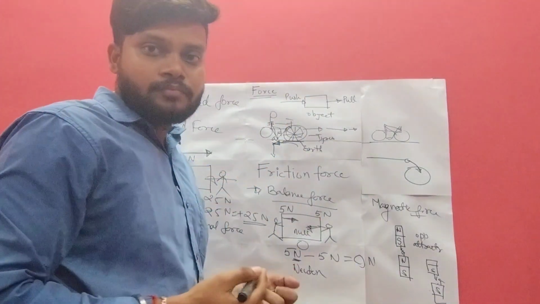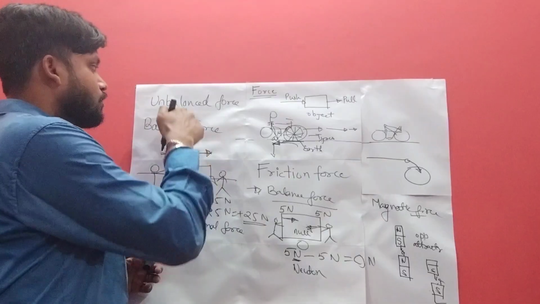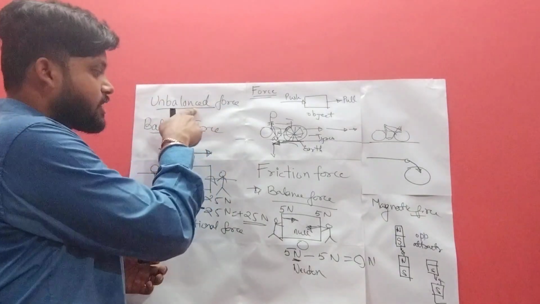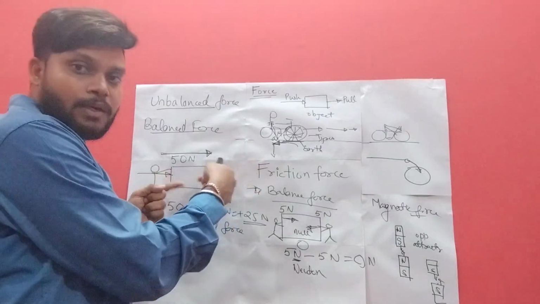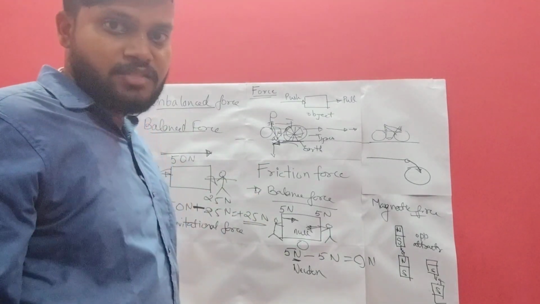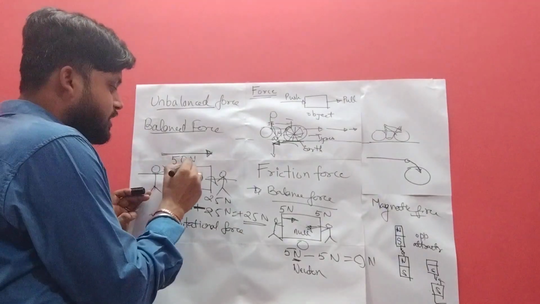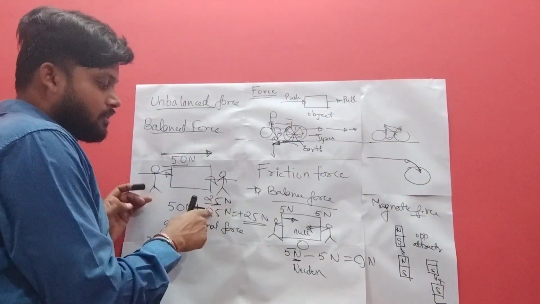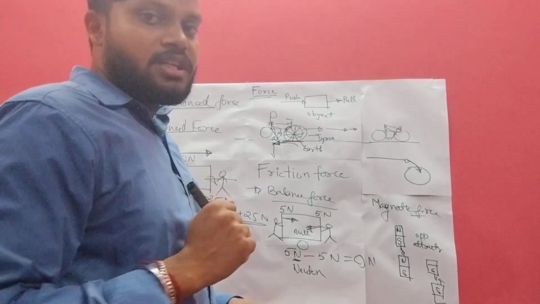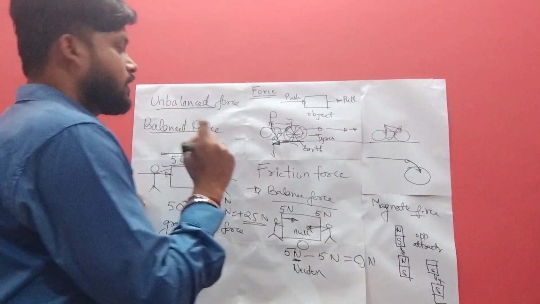Push or pull. We studied balanced and unbalanced forces. Balanced forces are when an equal amount of force is applied by two sides. If one force is greater and the other is smaller, then it will be unbalanced force.